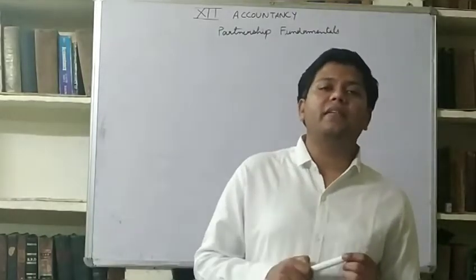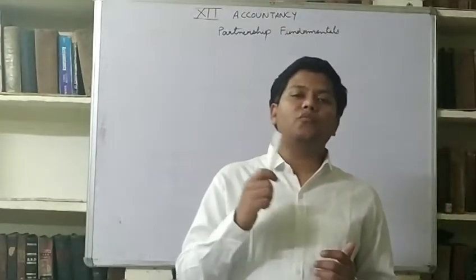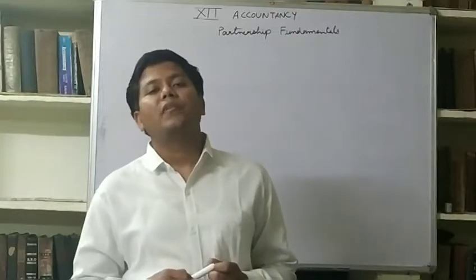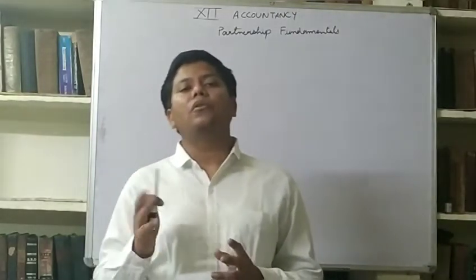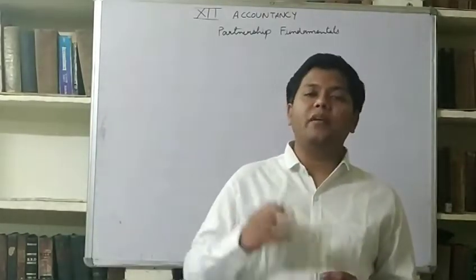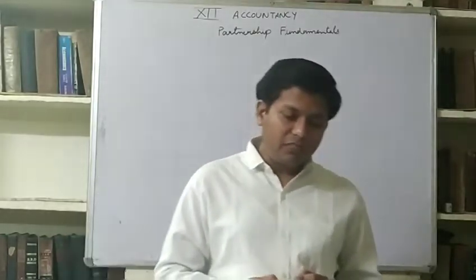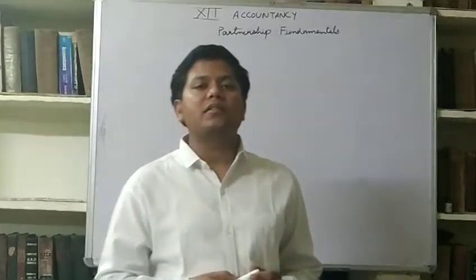The assumption behind this is that when annual drawings are given, we assume that he has not withdrawn the amount in a lump sum. He has withdrawn the amount in installments. We assume that he withdrew every month, so we charge interest for only 6 months. Later on it will be more clear. There are so many formulas.